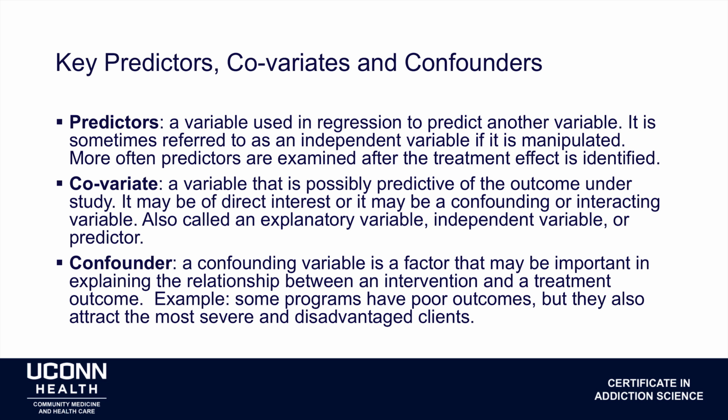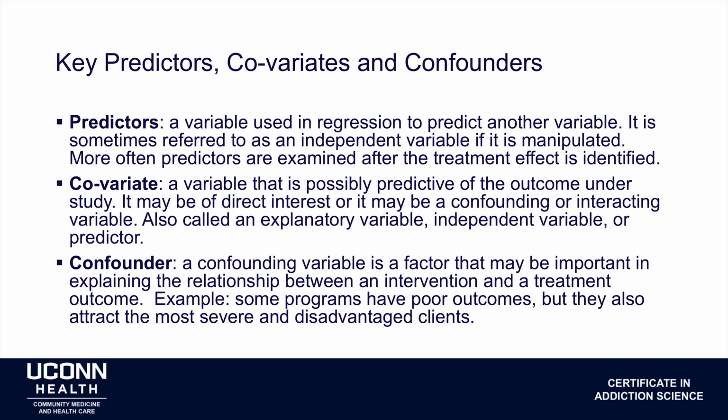A confounding variable is a factor that may be important in explaining the relationship between an intervention and a treatment outcome. So some programs have very poor outcomes, but they also attract the most disadvantaged clients. Is that because the program is bad, or is it because the program is good for that type of client?